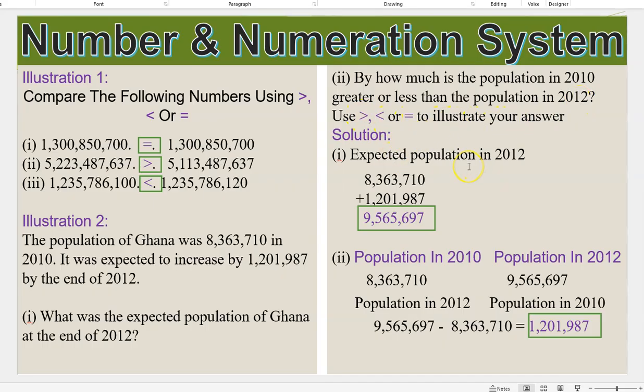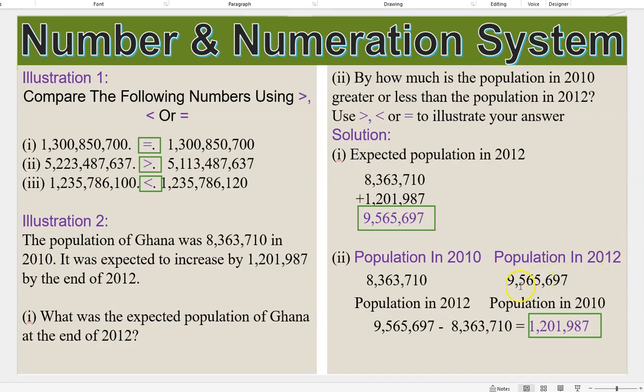So solution. If a certain number is increased by this, it means we are going to add this and that. So expected population in 2012, we put 2010 and 2012 together, then we get 9,565,697. So you can see population 2010 here and the population 2012 here.